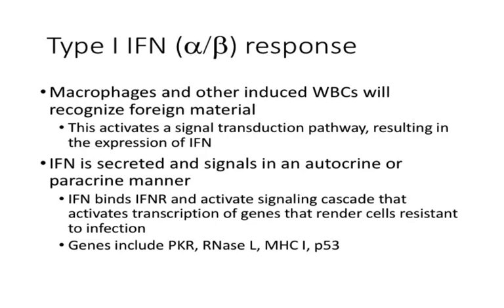But macrophages, other white blood cells are going to produce these when they recognize a substance as being foreign. So some sort of sign that infection has occurred. And remember, one of the cells that seems to be a host for Ebola virus is actually macrophages. So infection of a macrophage with Ebola virus will trigger this interferon response.